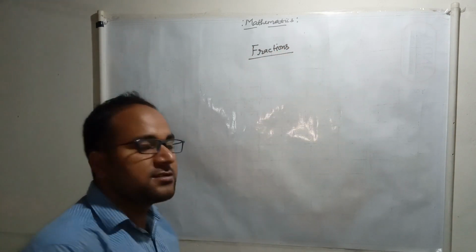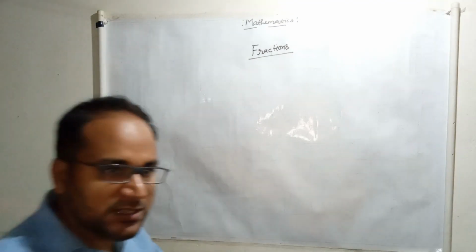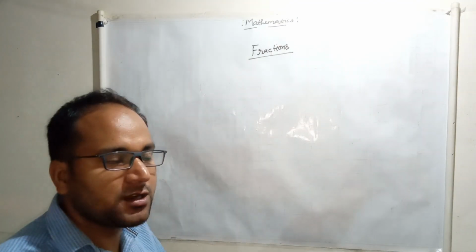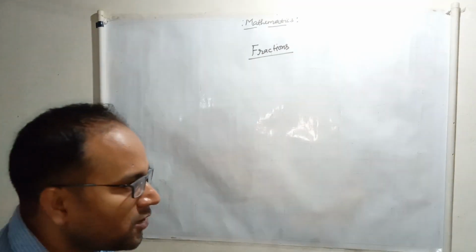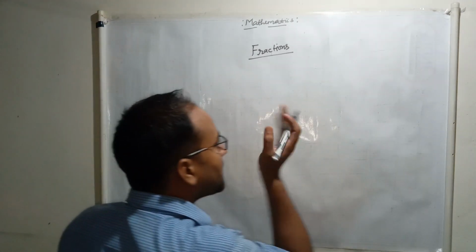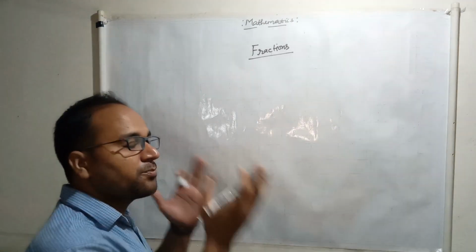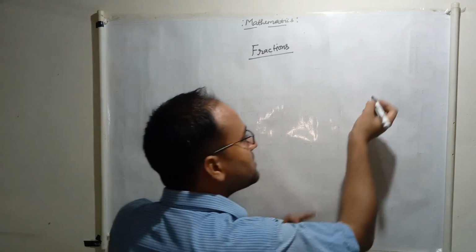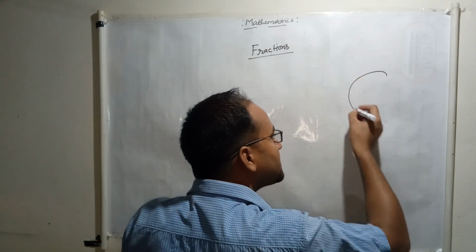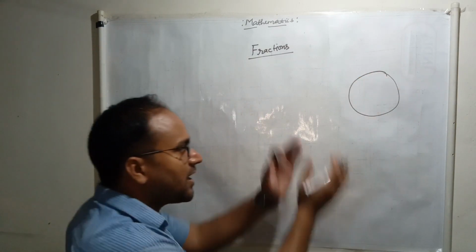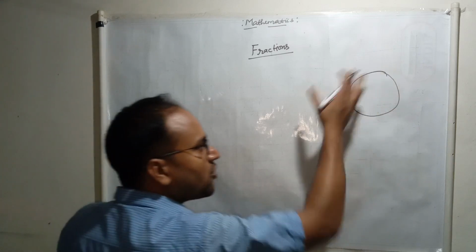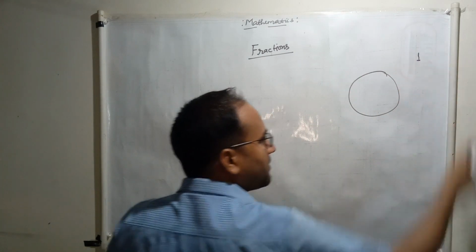A fraction is a quantity which expresses a part of a whole, which you have learnt in your previous classes. Suppose I have taken one object, it is a whole, it represents 1.